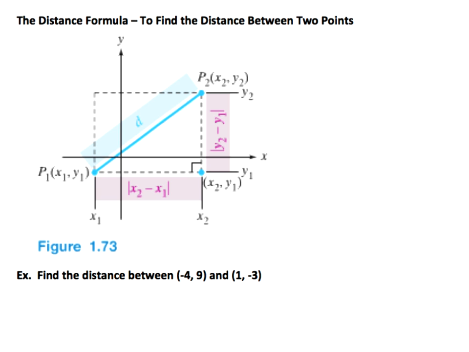So the distance formula gives us a way to find the distance between 2 points. So say we're talking about this general point here and here. When we're finding the distance between those 2 points, what we're actually doing is finding the length of the line segment.